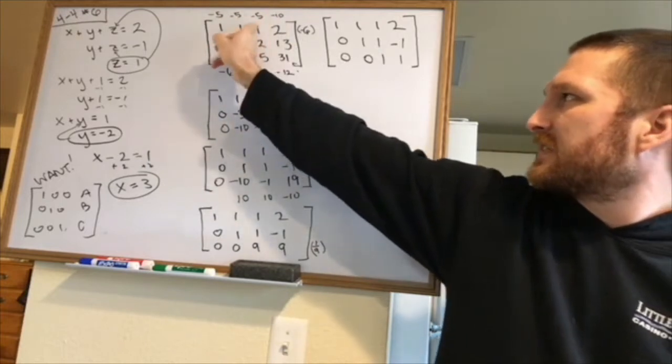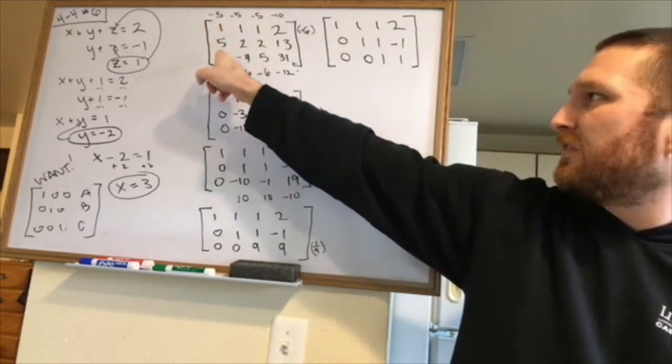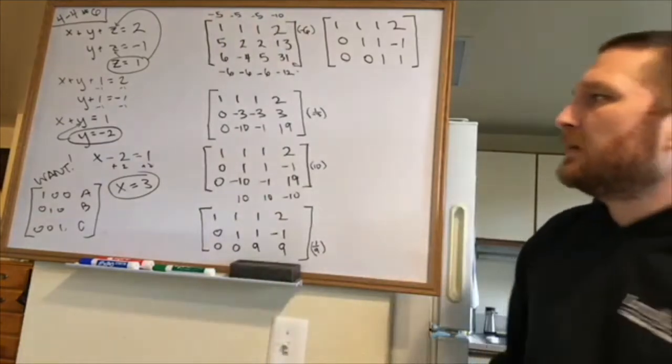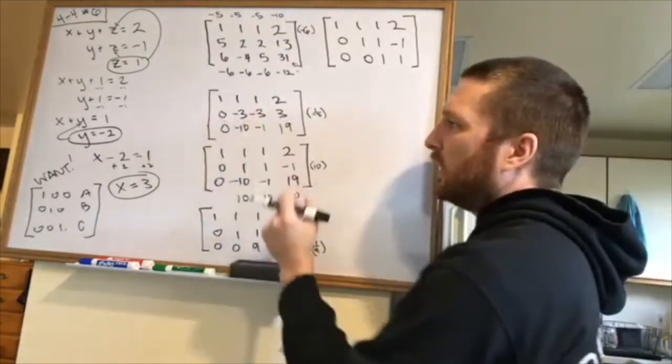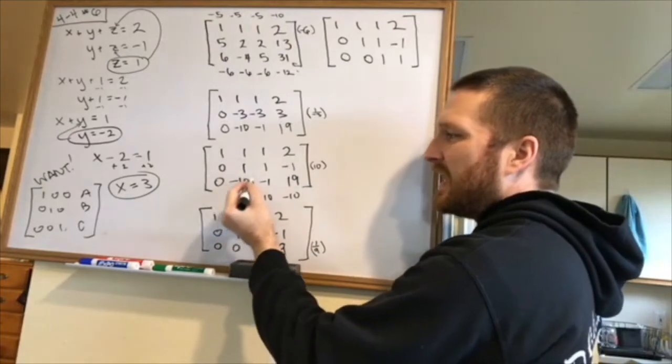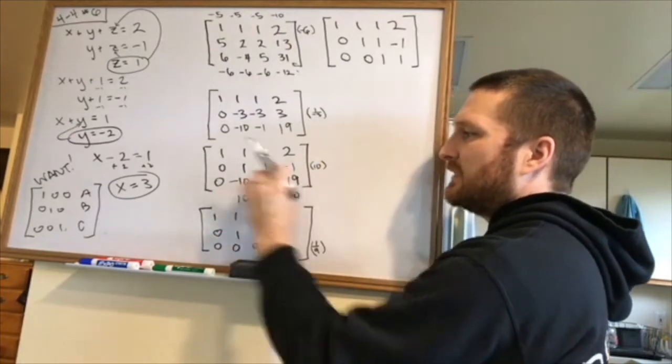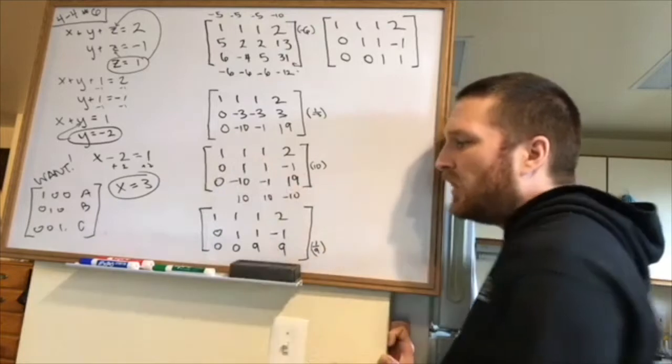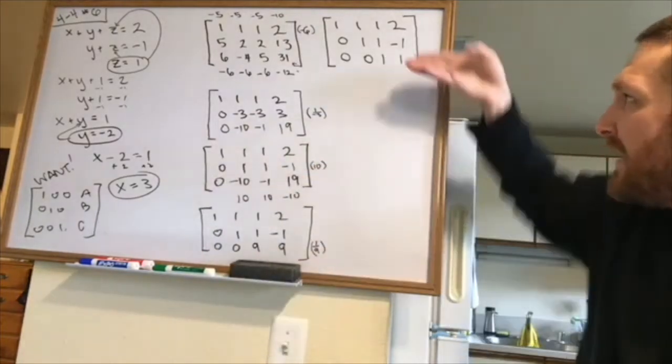Multiply this guy by negative that number and then add them. We did the same thing here. We said, you have a 1 here, so multiply by negative that number, which turned out to be a +10, and then just add them. We can do the same thing working our way up now.